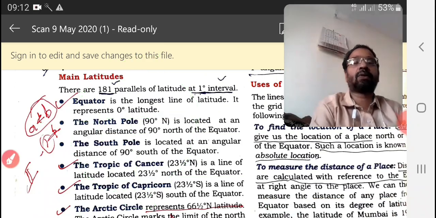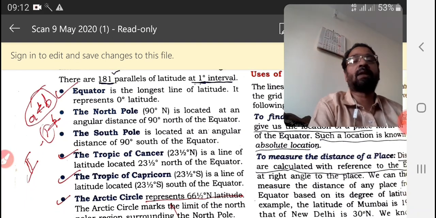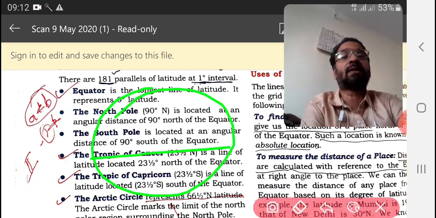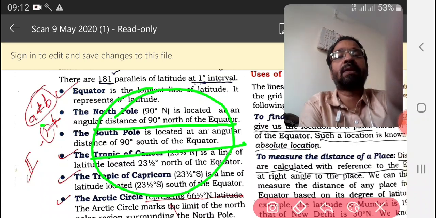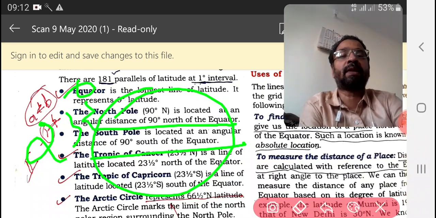And the next one, Tropic of Cancer. Tropic of Cancer is at 23.5 degrees. Here is the equator, then here one line, this is 23.5 degrees. In the same way here also we will have 23.5.